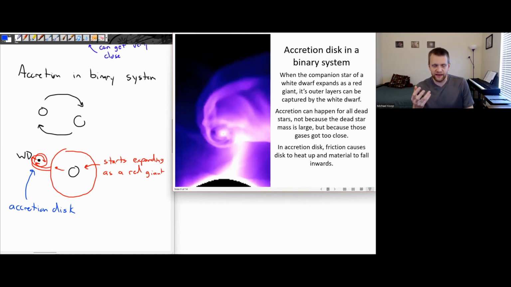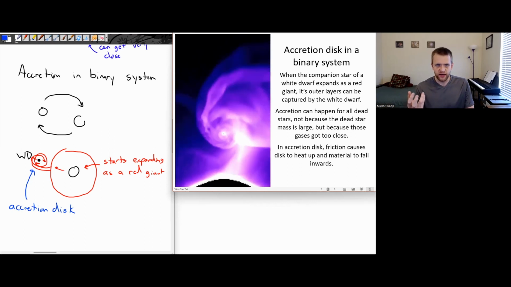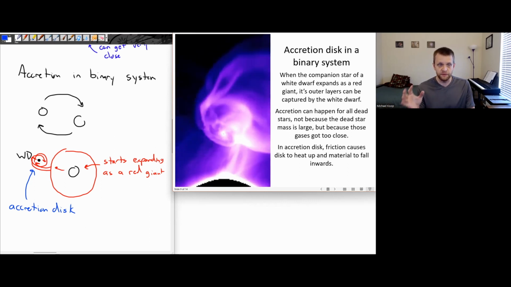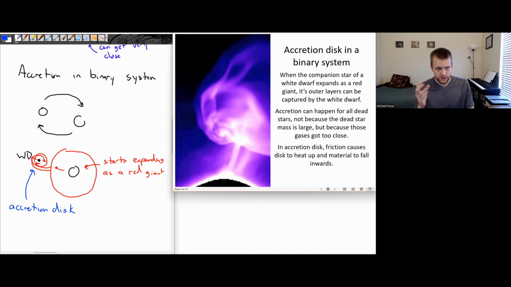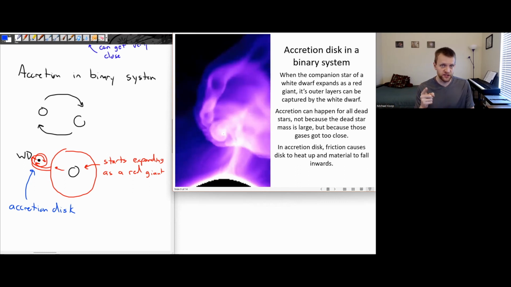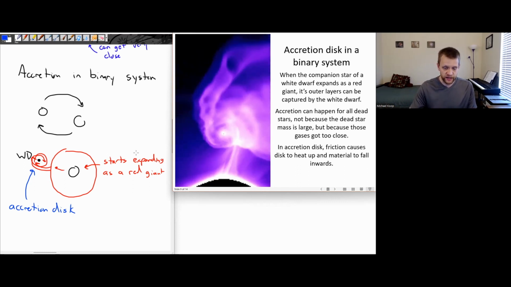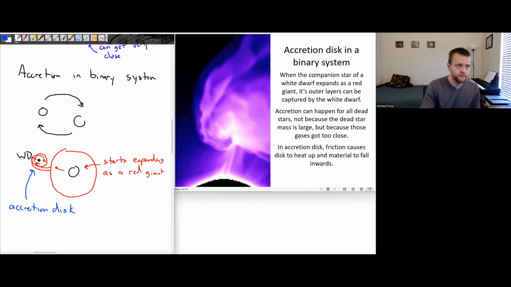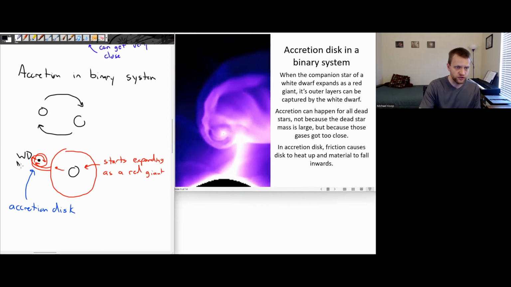We're also going to see that this kind of accretion can happen for any type of dead star. We're specifically talking about white dwarfs right now, but this can occur if we've got a neutron star here, or if we have a black hole.